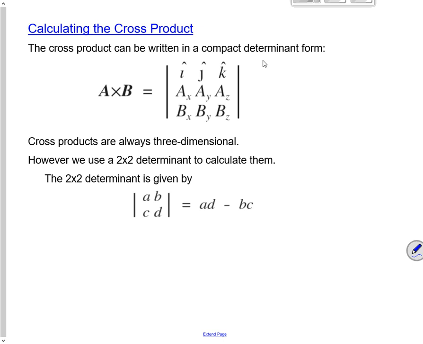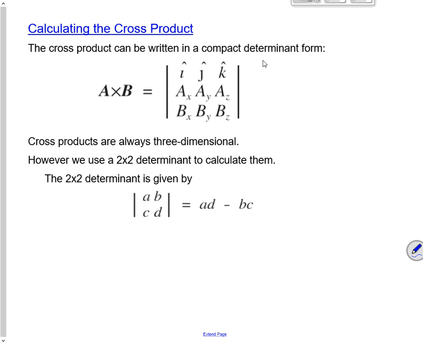Then I write the second vector also in component form, BX, BY, BZ. Those 2 vertical bars on the outside are the symbol telling me to take the determinant of this matrix.